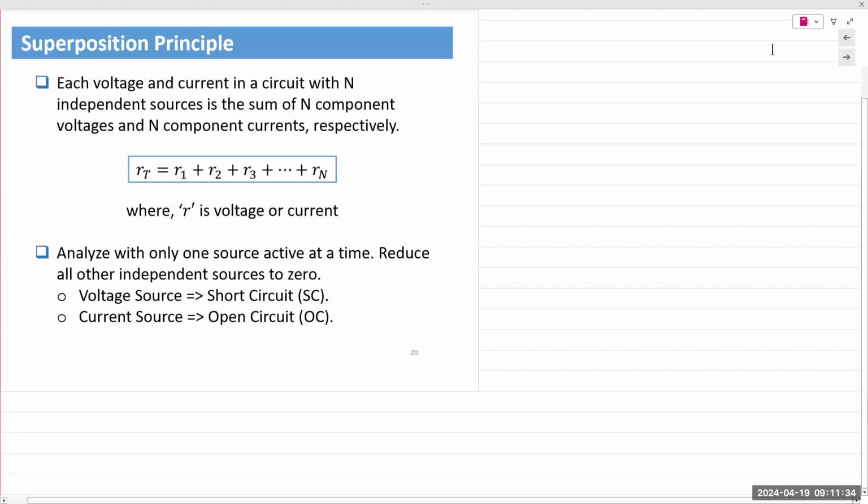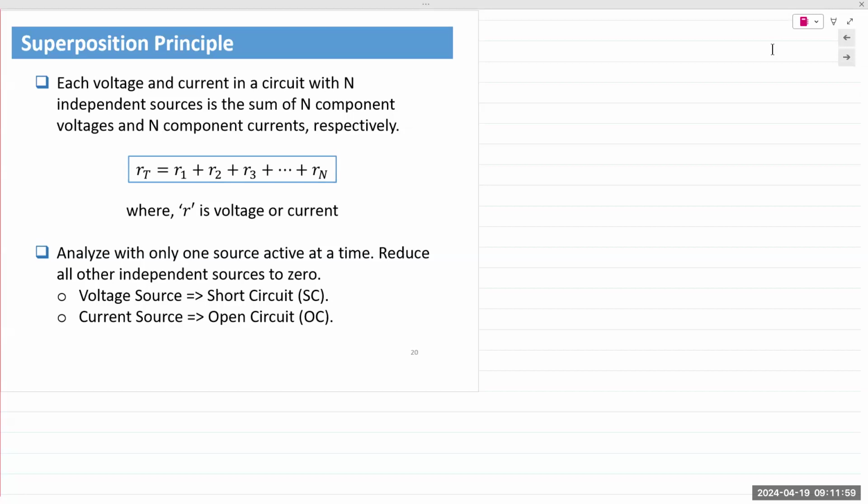applies to a, not applies, but it can be used to solve for a circuit which has multiple components and multiple independent sources. Circular, not diamond. Okay. So there could be a combination of voltage sources and current sources, perhaps one voltage, one current source, two voltage sources, three current sources, could be any combination.